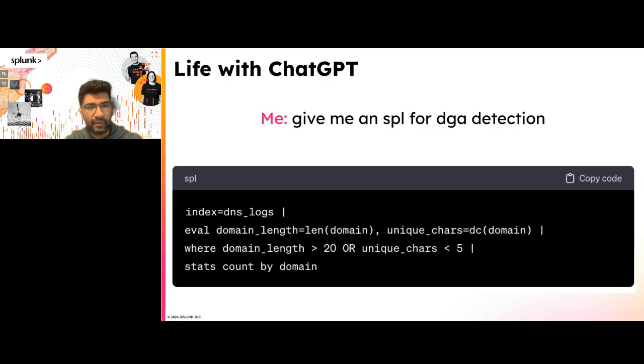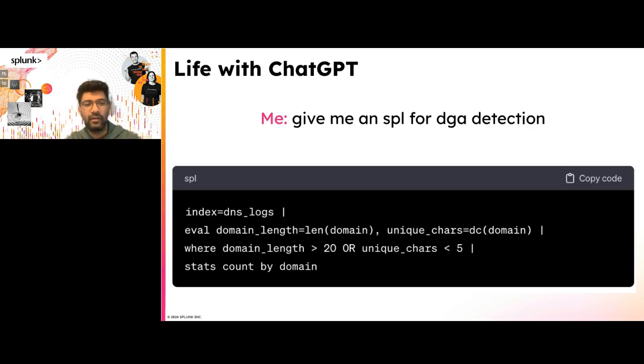As a motivating example, I asked ChatGPT, hey, give me an SPL for DGA detection. And again, DGA is domain generation algorithm, and these techniques are used to exfiltrate data from your machine to an outside server. We can look at a very simple SPL generated by ChatGPT.